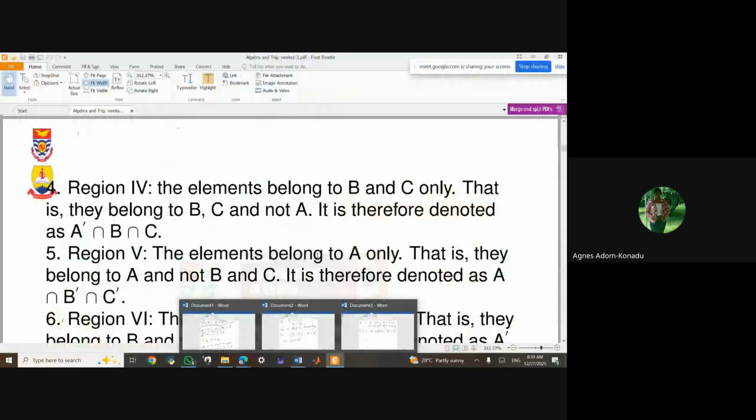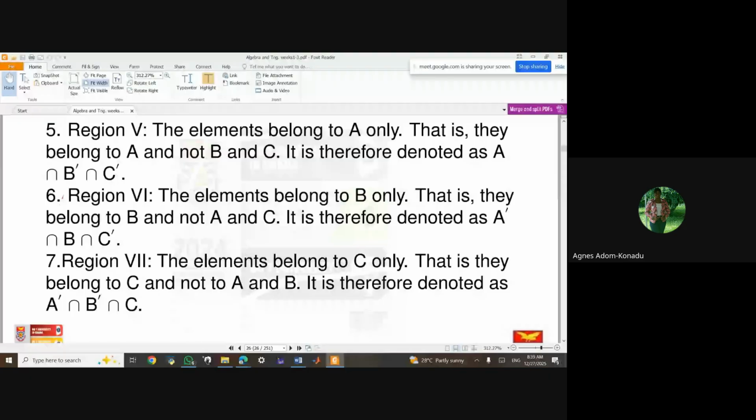And then the sixth one, the element belongs to B only, that is, they belong to B and not A and C. It is therefore denoted as A complement intersection B intersection C complement.